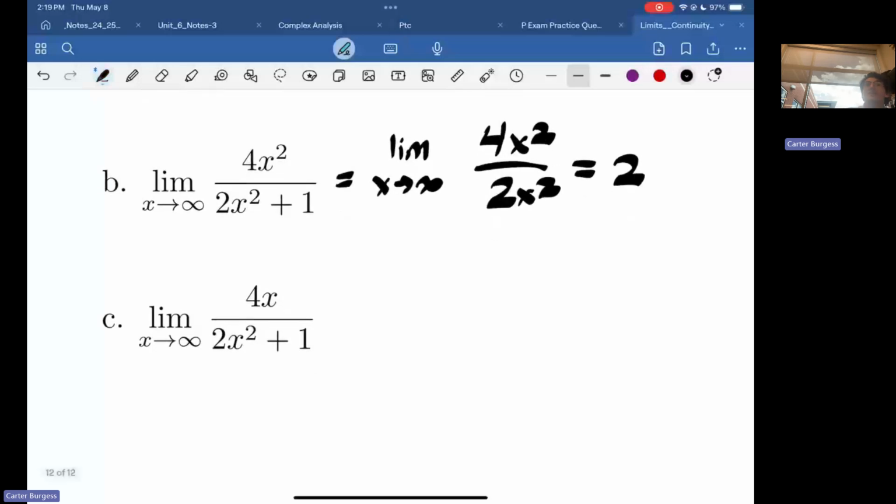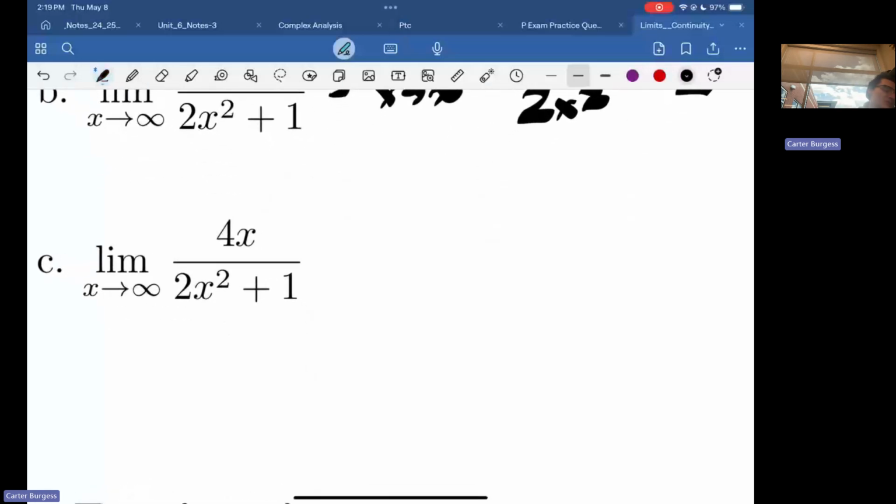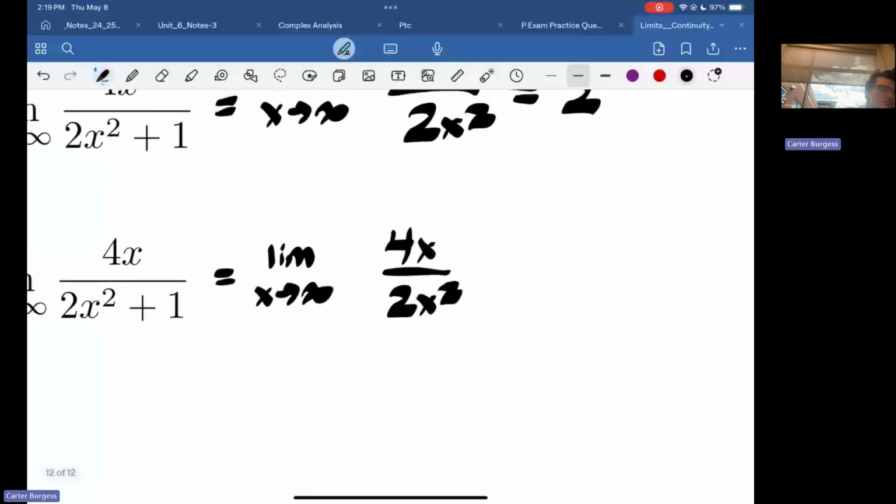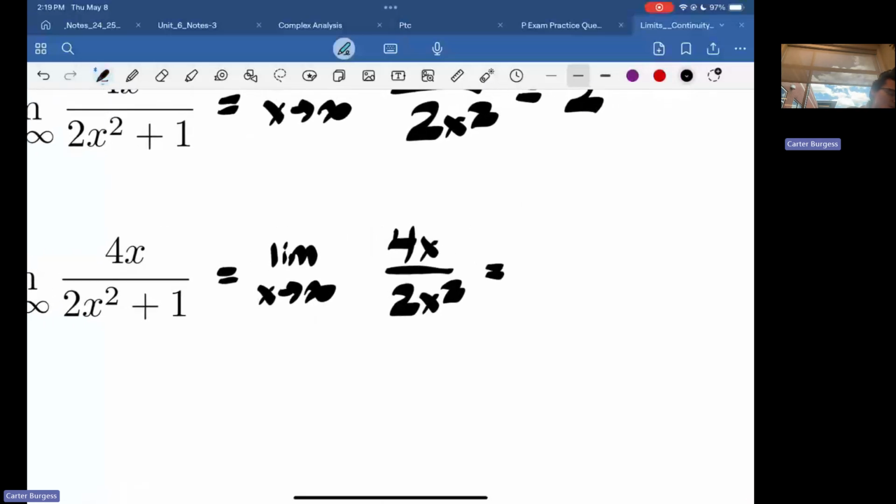Well, let's take a look at C. So as x is getting really, really big, what stops mattering? The plus 1 again. So from the numerator, the 4x is going to determine what's going on. From the denominator, the 2x squared is going to determine what's going on. How does this one simplify?